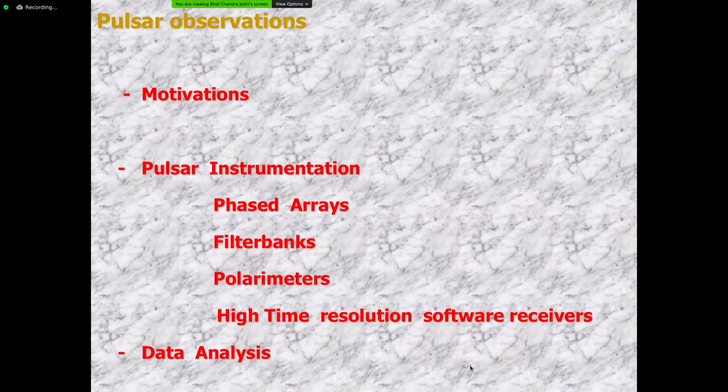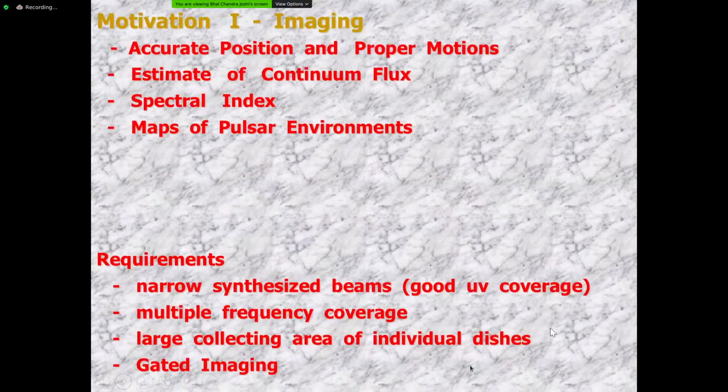I'll not go into the details. We'll look at the different motivations of pulsar observation, what kind of science we are looking for, then have a brief look at the instruments used, and towards the end talk about what kind of data analysis is employed. Let's start with what kind of data you are looking for.